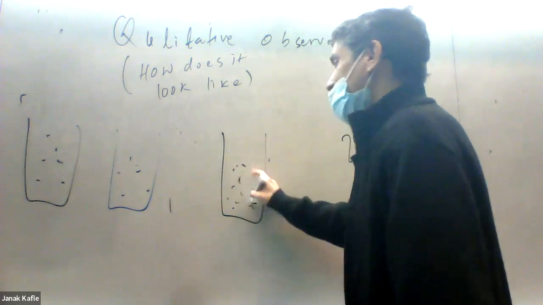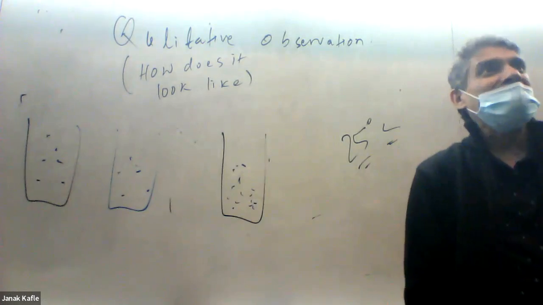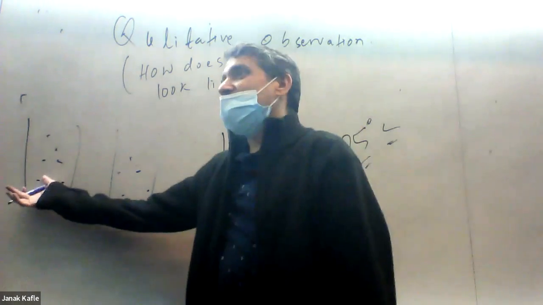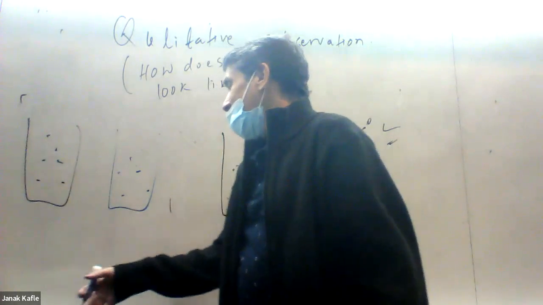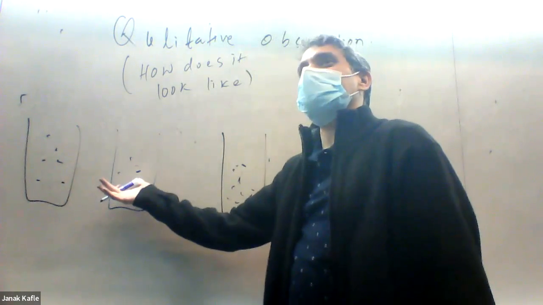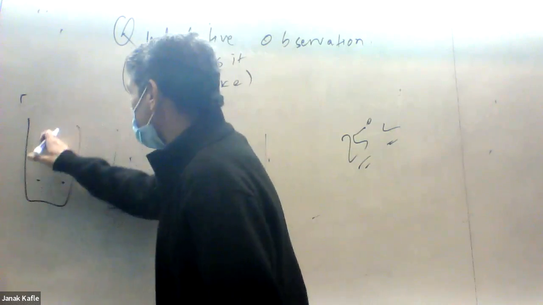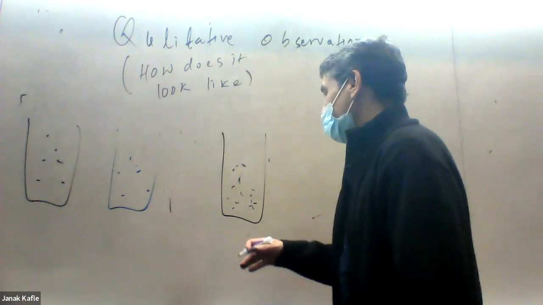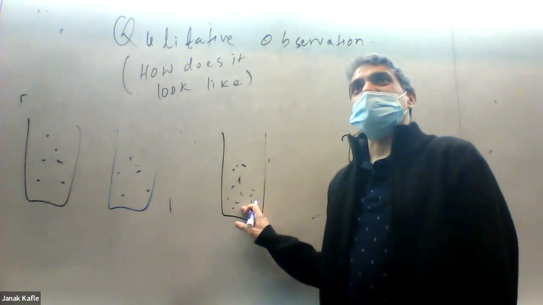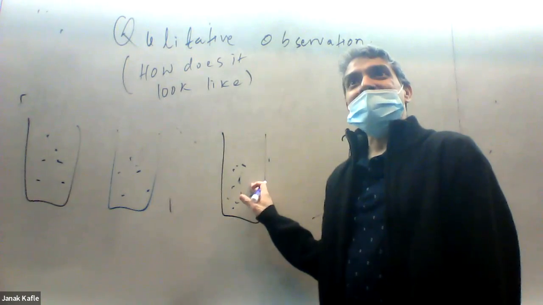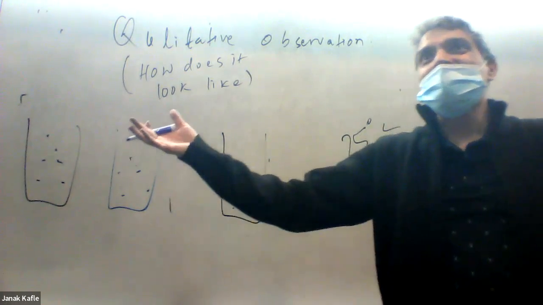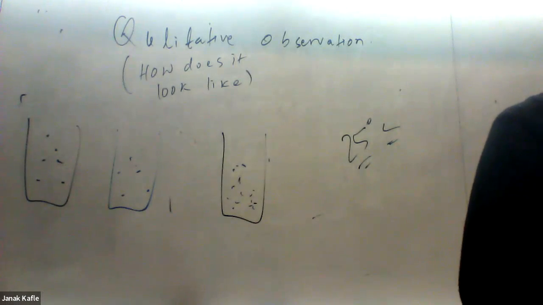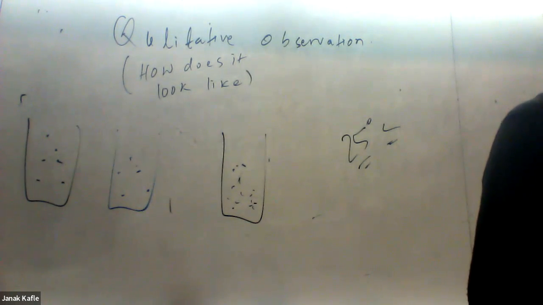You see that? So this is a qualitative observation. So I have a solution of a substance that's black. I have a solution of another substance that's blue. Now I put this blue into the black solution, and when I mix these two together, a new solution appears to be pink, right? So I didn't give any number or unit here. I just see how it looks like, right? So that's a qualitative observation.